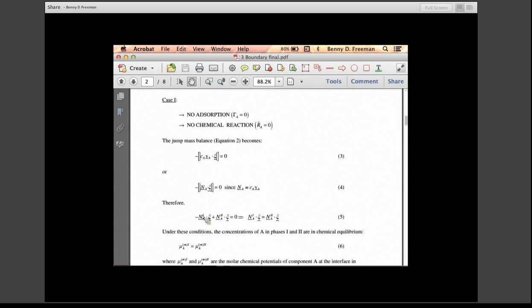And so what this means is that if you have no adsorption and no chemical reaction, any amount of component A that comes to the interface from one phase has to leave in the other phase, or the flux of A to an interface has to equal the flux of A away from that interface.